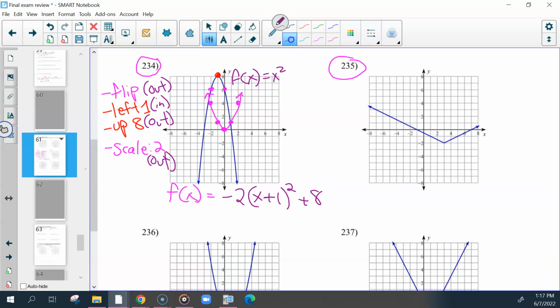For 235, same thing, except this is not an absolute value function. Our original parent function would start at 0, 0, go up 1, right 1 as many times as possible, and then up 1, left 1 as many times as possible.